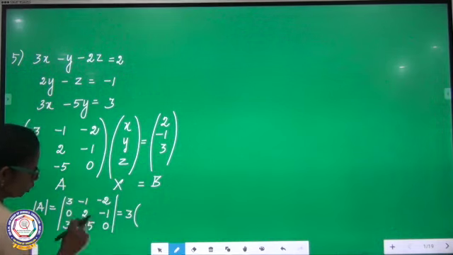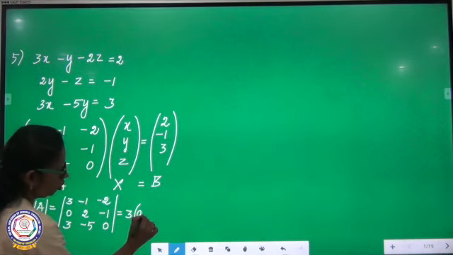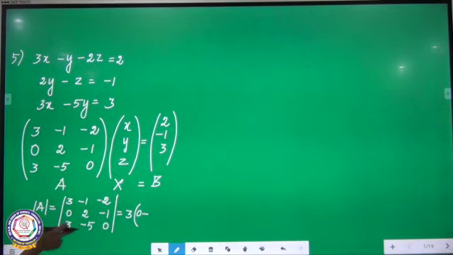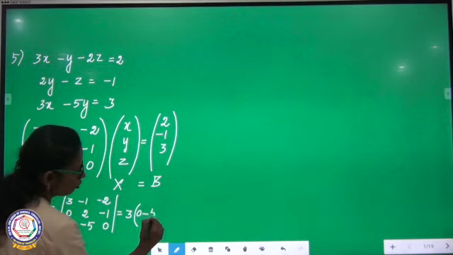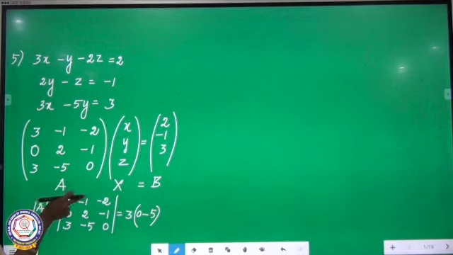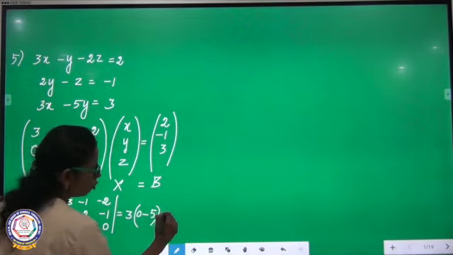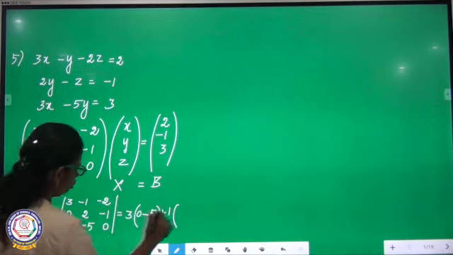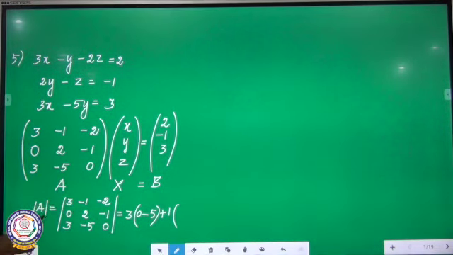So 2 into 0 is 0, -1 into -5 is 5. Next element, I told you positive, negative. Here you have a negative, so it becomes positive. Plus 1 into, the second column and the first row should be deleted.